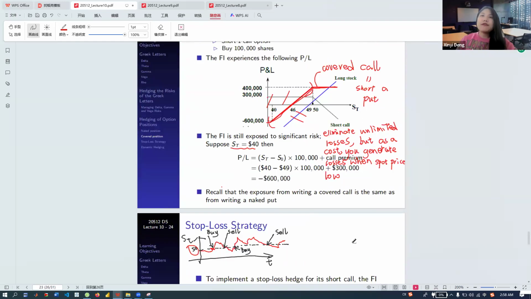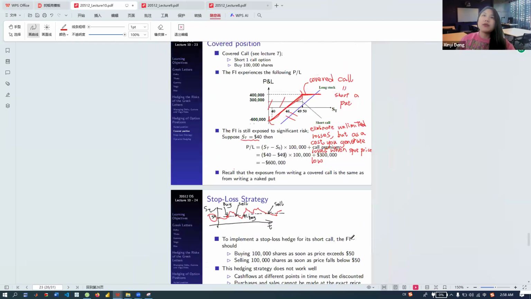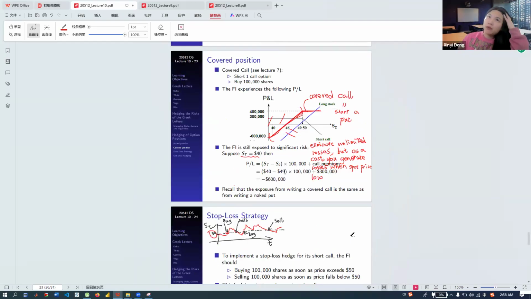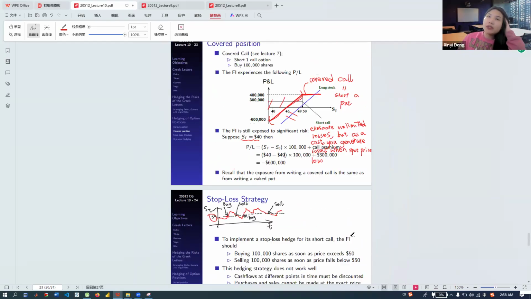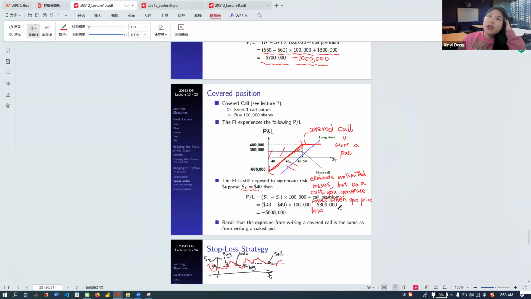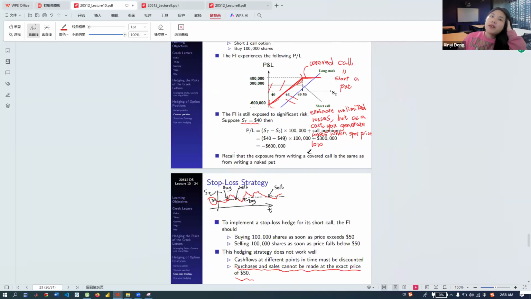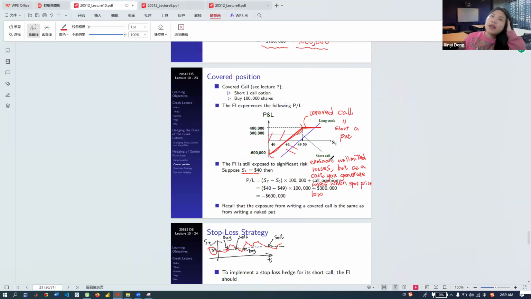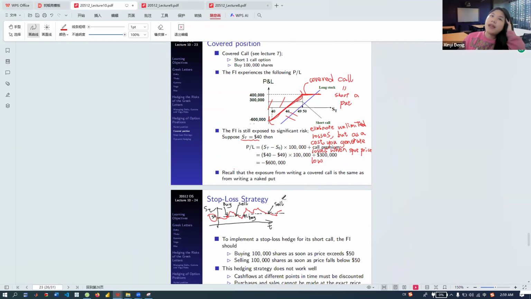So ideally, for this strategy, when we are buying or selling the underlying to hedge, we want the price to be the strike price. But in reality, in most cases, since we are buying when the price is rising, we tend to buy at a price higher than 50.